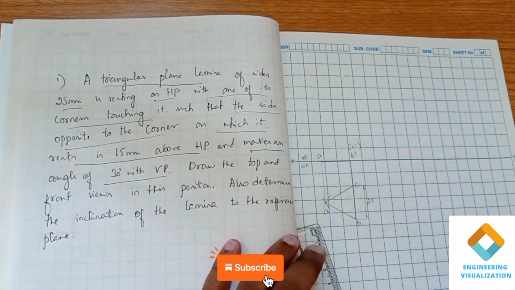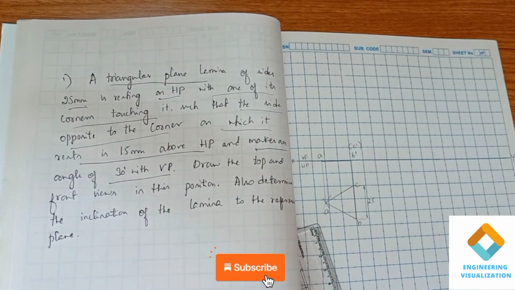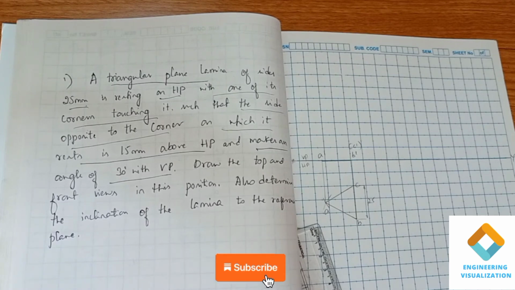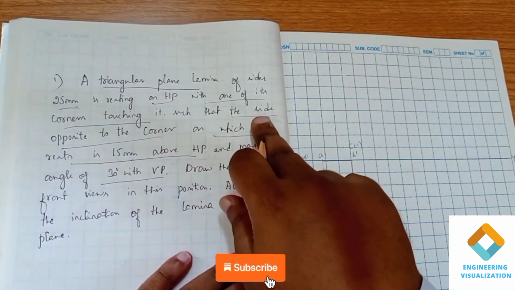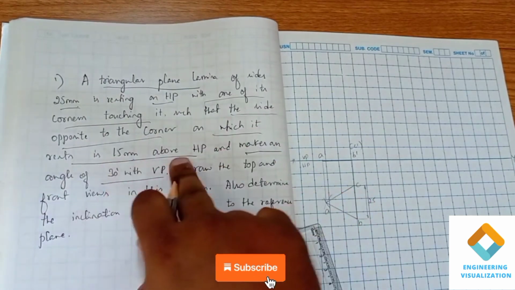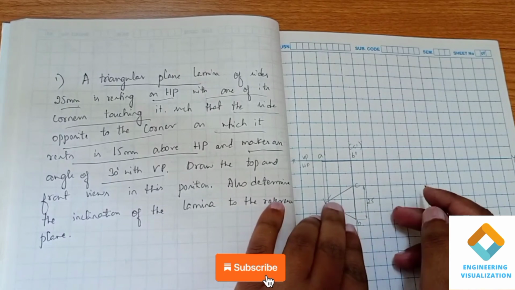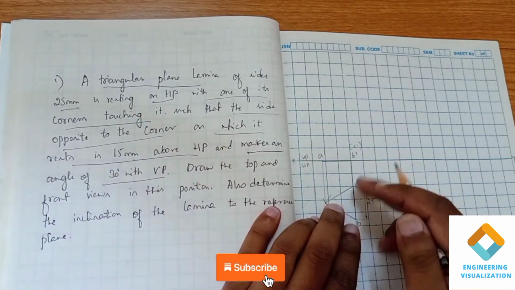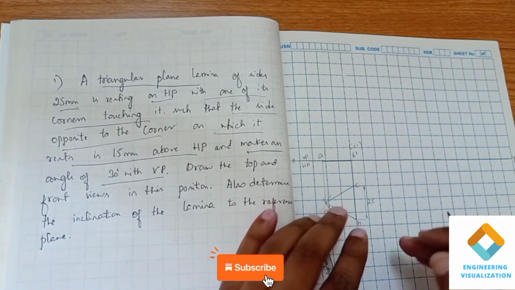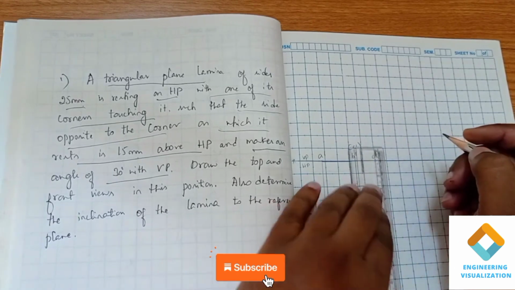So we have to construct a triangle of dimension 25, with respect to the corner.